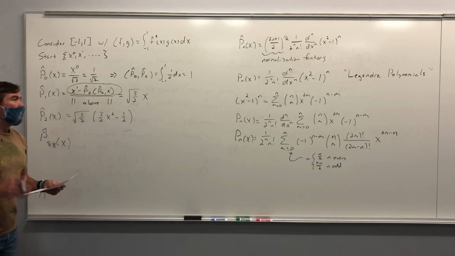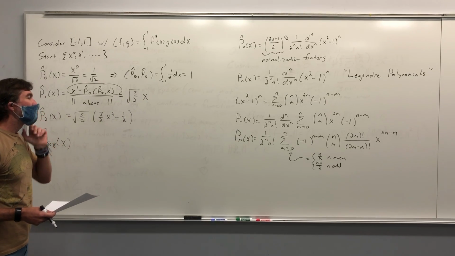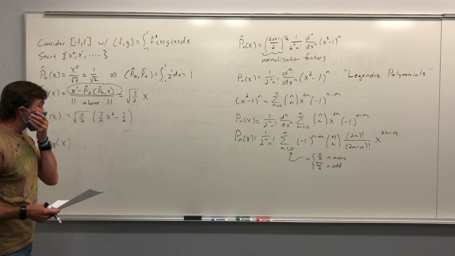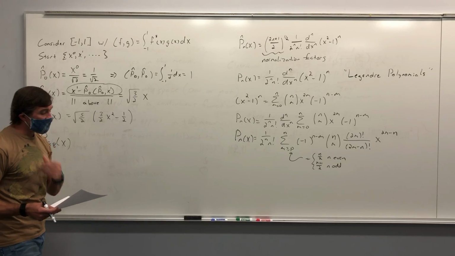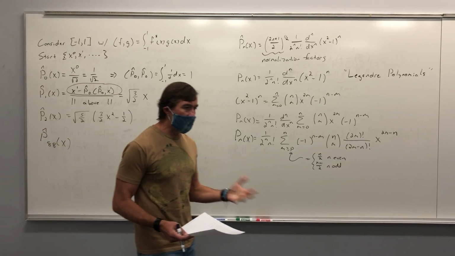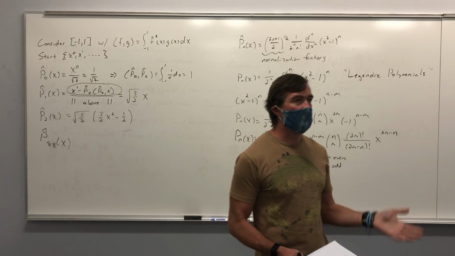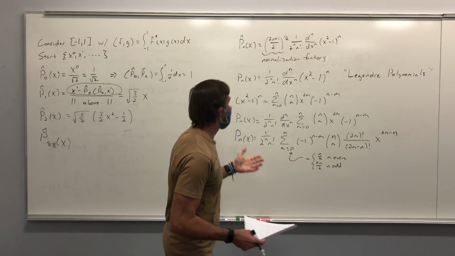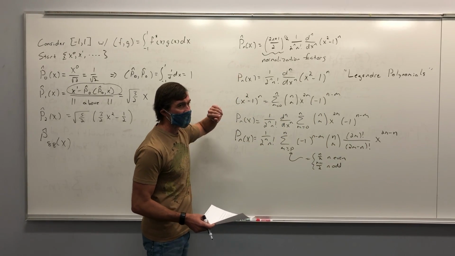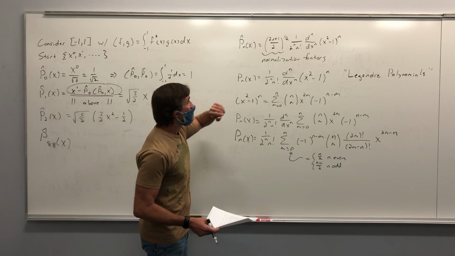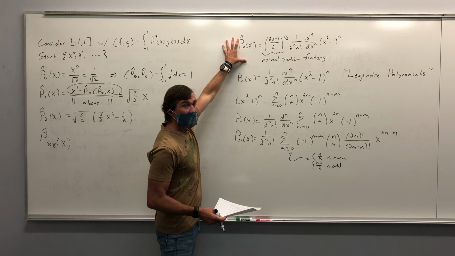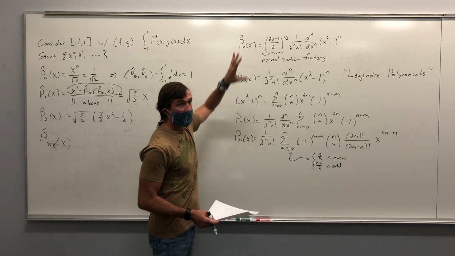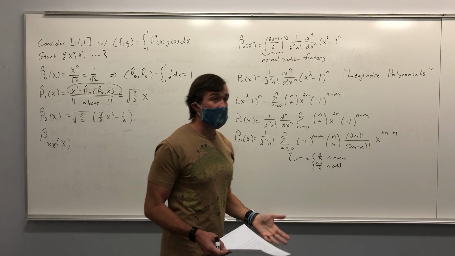Now, what the book does is it actually goes through and argues that the Rodrigues formula provides us with a complete orthonormal basis, or actually a complete orthogonal basis. If you want to call this the Rodrigues formula, then you can say this Rodrigues formula supplies us with an orthonormal basis.